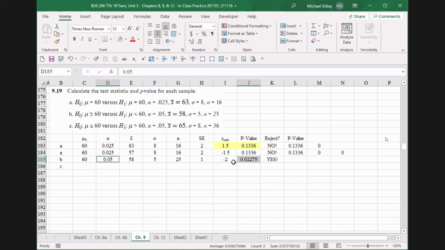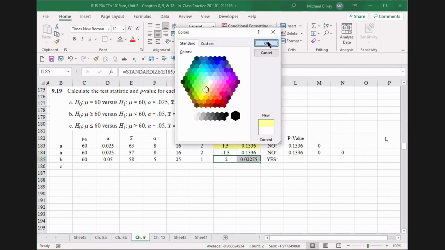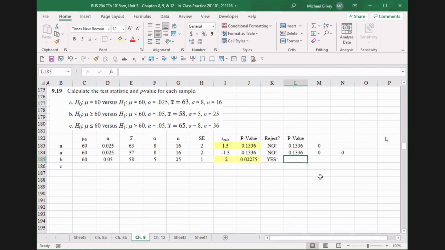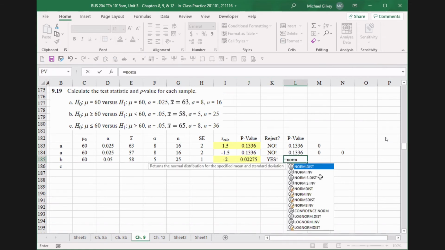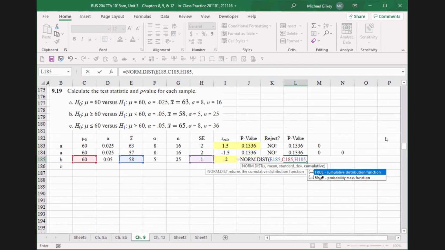And we could also have computed, just like before, our p-value using norm.dist and just using our real values. Right, there's our mean, there's our hypothesized value, there's our standard error. Make sure I get the right one for standard error.